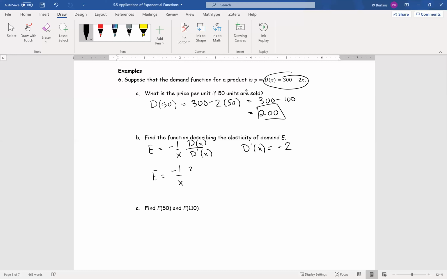So d is 300 minus 2x all over minus 2. The two negatives multiplied together there would make it positive. Then we'd have 300 minus 2x over 2x. You could leave it that way, or you could write it as 150 over x minus 1. Either one of those, I think, would be acceptable.